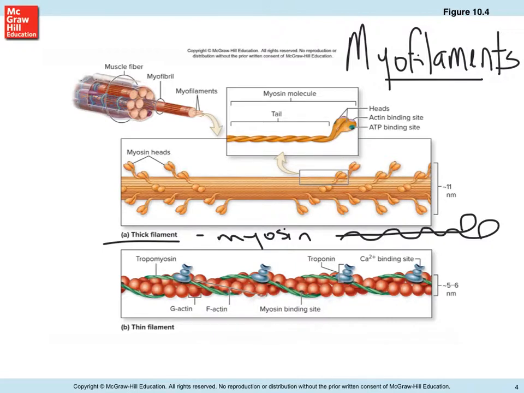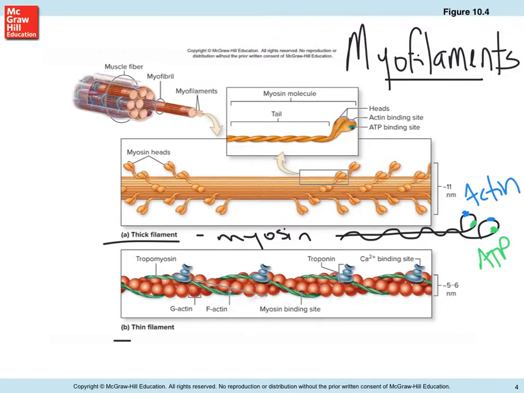And then on the myosin, there is a site for ATP to bind to, and there's also another site that actin binds to, and actin is one of the other types of myofilaments.